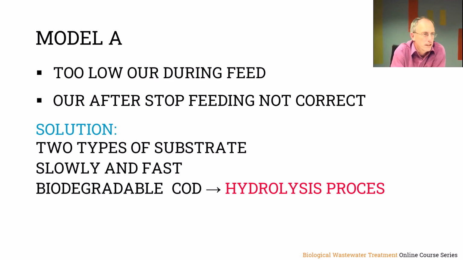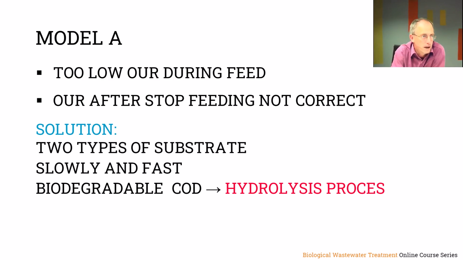So then they had to come up with a solution, and that solution was to assume there are two types of substrate. From the respirometric behavior, for describing the oxygen, you obviously need two types of substrate. A slowly and a fast biodegradable process, and the slowly biodegradable material is converted to the fast biodegradable material by a kind of hydrolysis process.